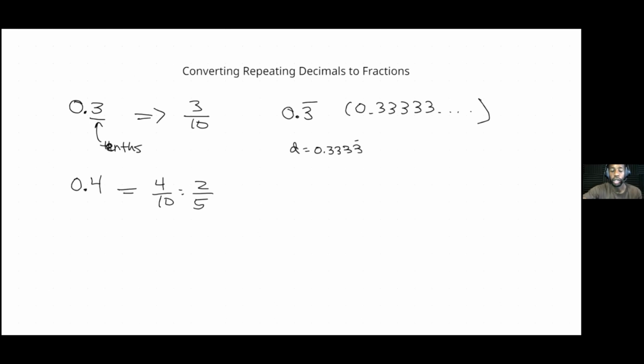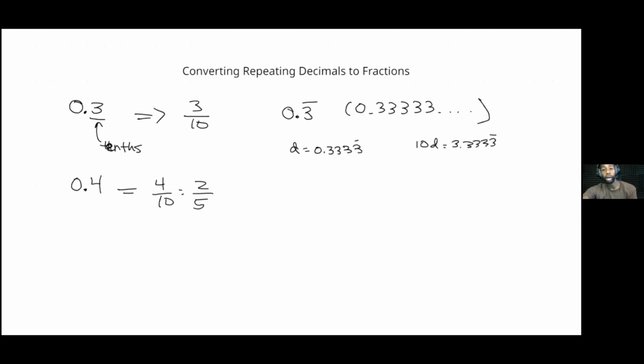Okay. Now we're going to multiply this by 10. So 10D, but we're going to multiply this whole thing by 10 is what I'm saying. So 10D is equal to 3.3333 forever and ever, right?